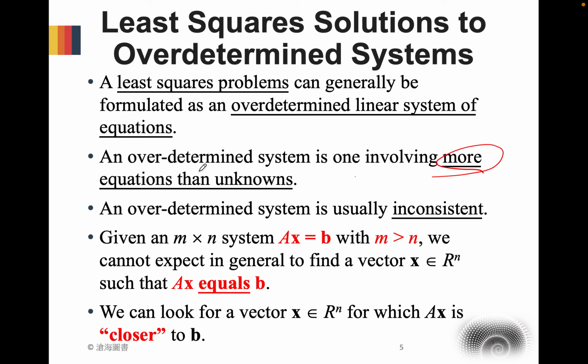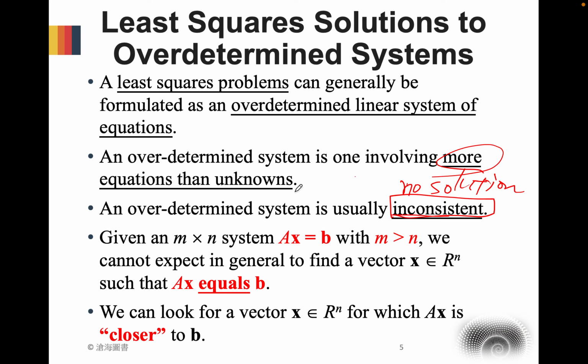So if you have many constraints and fewer unknowns, an overdetermined system is usually inconsistent. That means no solution, right? If you have too many constraints, it may not be easy to find a solution to satisfy this linear system.